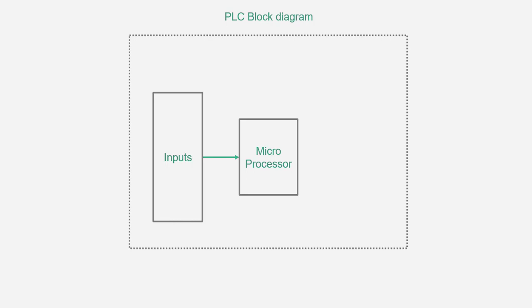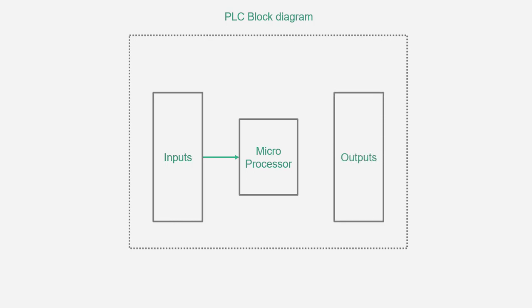Basically, it is a processing unit. It will do all the processing, whatever the logic written inside. Based on that logic, it will do the processing and provide the output. To do the processing, it requires some inputs, right? So to get input, we have the input section. From the input section we will get different inputs, and these inputs will be processed by the microprocessor.